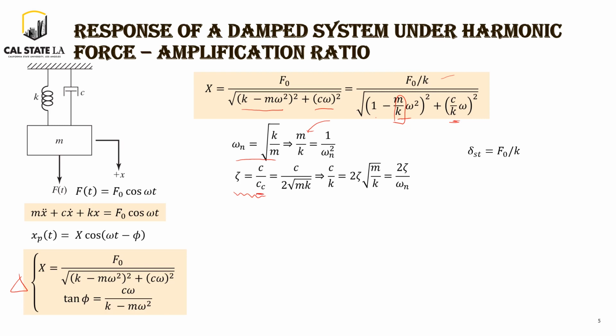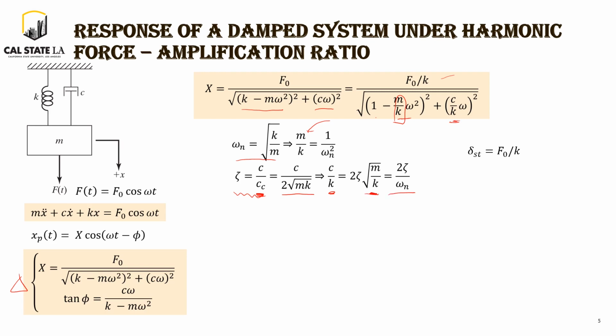The critical damping constant is represented by c sub c, and c sub c is equal to 2 times the square root of mk. From that, we can find c over k. So c over k will be equal to 2 times zeta times the square root of m over k, which is equal to 2 zeta divided by omega n.